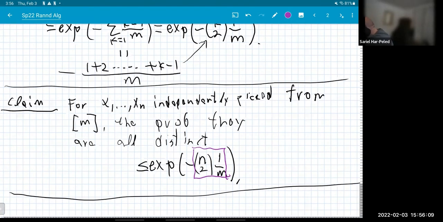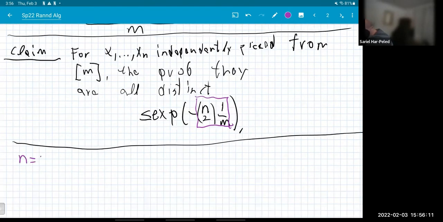In particular, for what we got before, which was n equal 28 people and M equal 364, this probability was smaller than 1 over e. So not only do we expect to have at least one collision, the probability that there is no birthday collision in a group of 28 people is smaller than half, essentially, which is kind of nice.